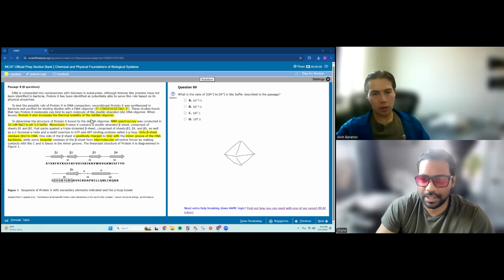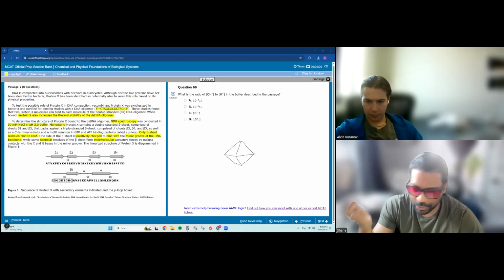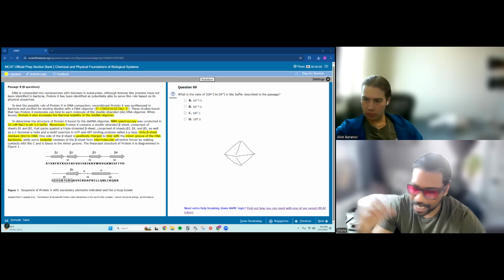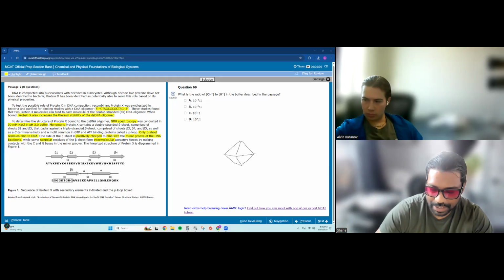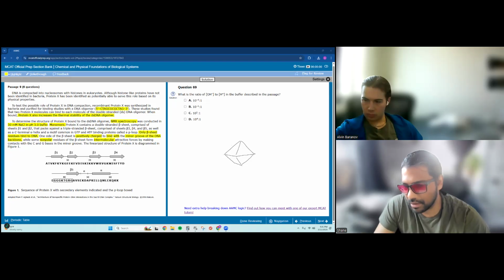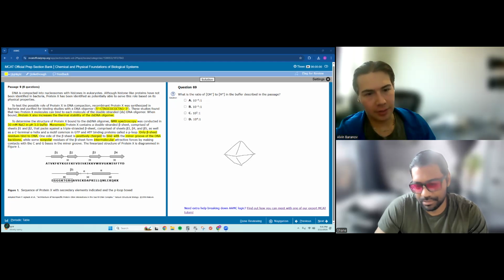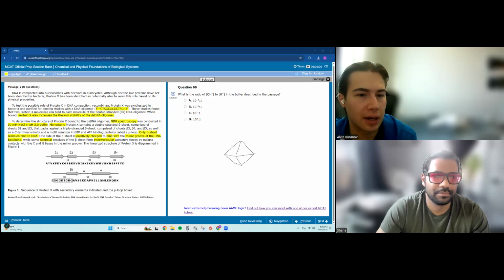You get that shape when something is bound to six other ligands, but it's called octahedral because of the number of faces.